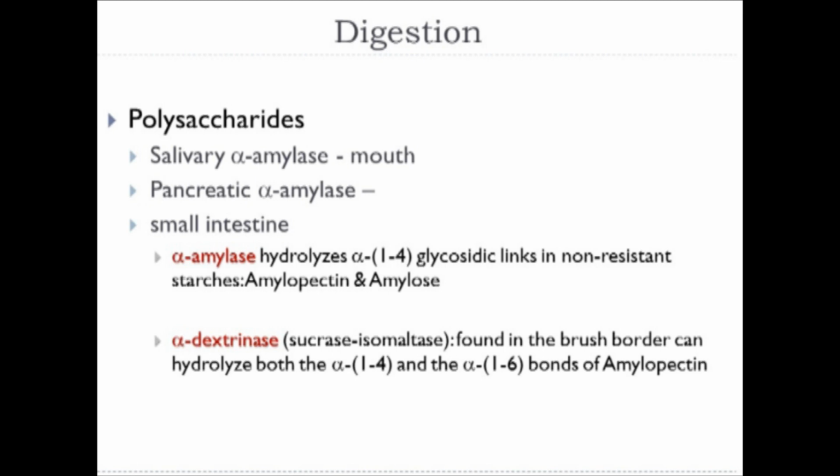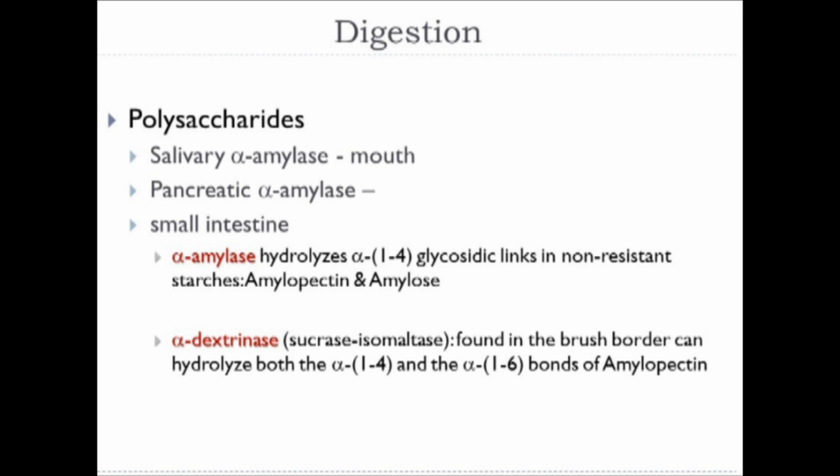The alpha amylase secreted here will hydrolyze 1,4-glycosidic links in non-resistant starches. So we have amylopectin and amylose. So we saw that organization in Chapter 2.